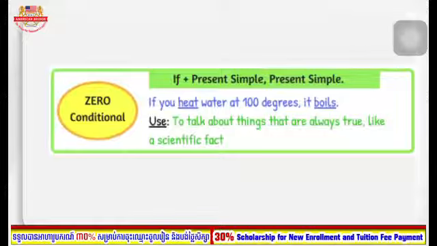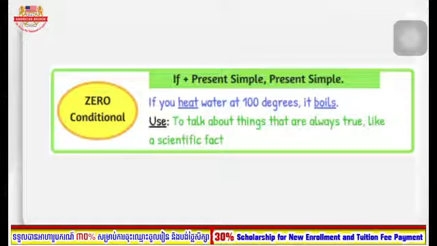Students, look at this. Is it true? Yeah, for sure, this sentence is true. So we use zero conditional to talk about things that are always true, like scientific facts. Do you still remember how to use zero conditional, students?